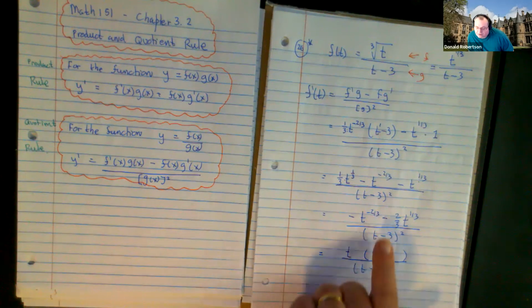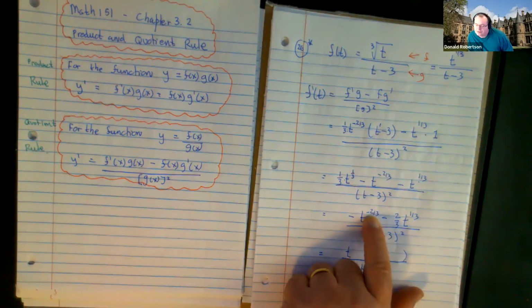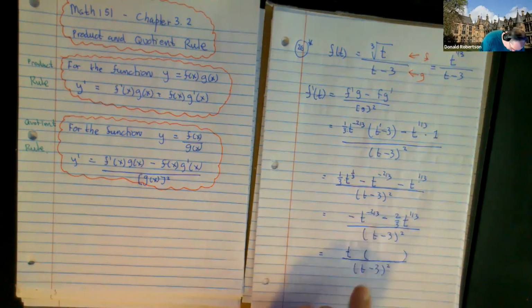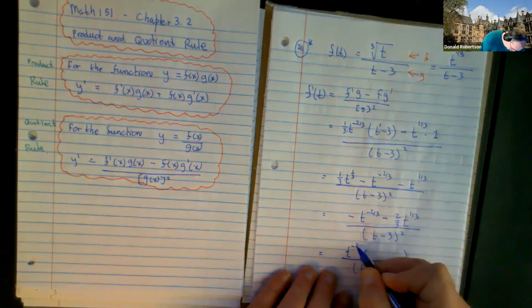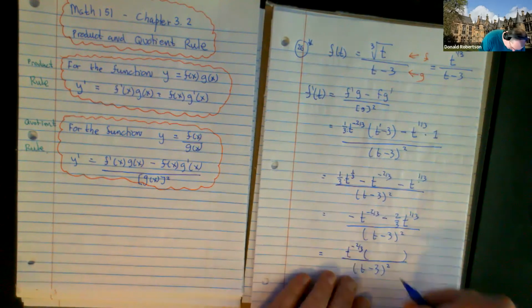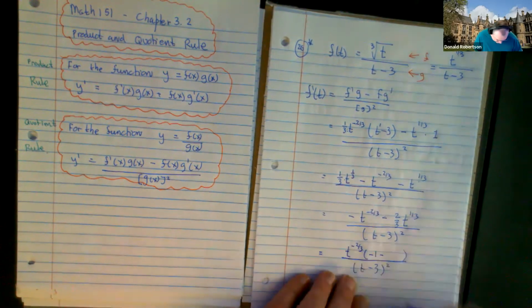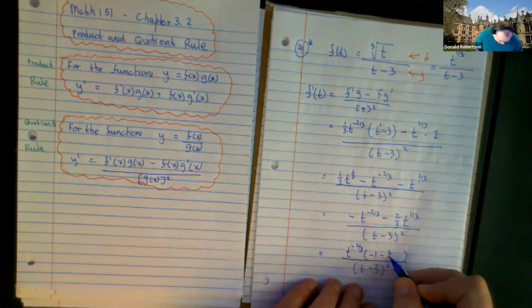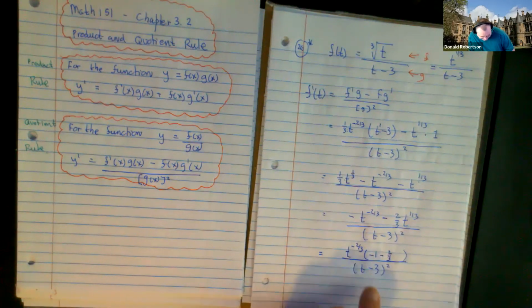Is it t to the -2/3 or is it going to be t to the third? The rule is when you have a choice, pick the smaller of the two. So it's -2/3. Now, if you use this as a common factor on this guy, you get -1. And this guy, you're going to get -2/3. And now the tricky part.